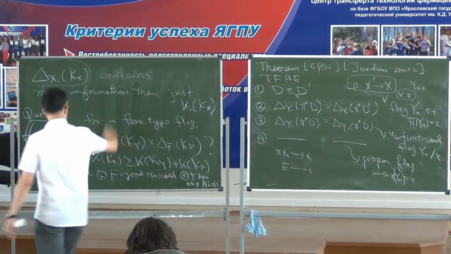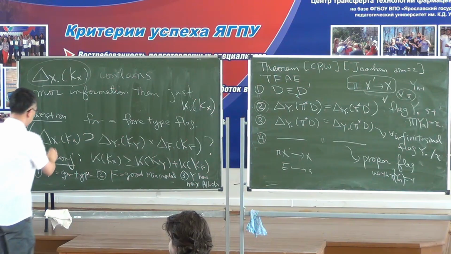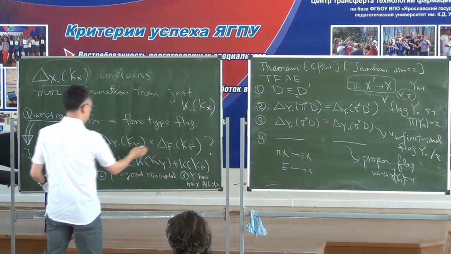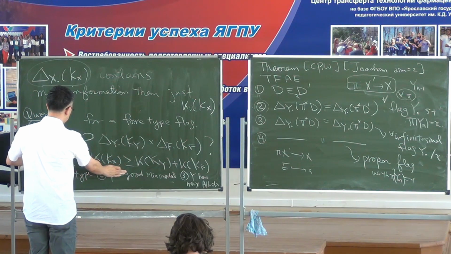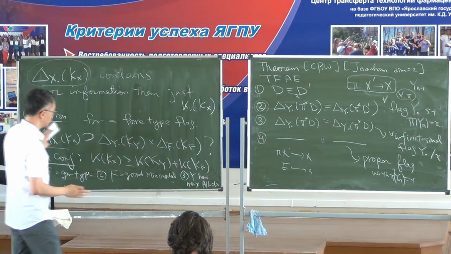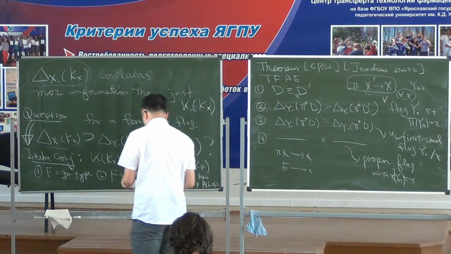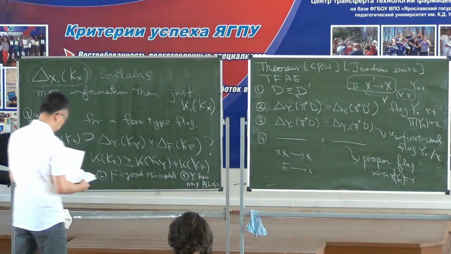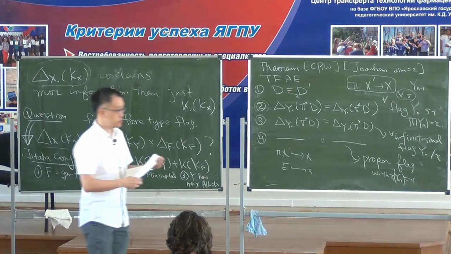This is for any fiber type, any fiber space. I want to see whether we can solve a new case of the Iitaka conjecture using this, but I should work on this. Any questions?